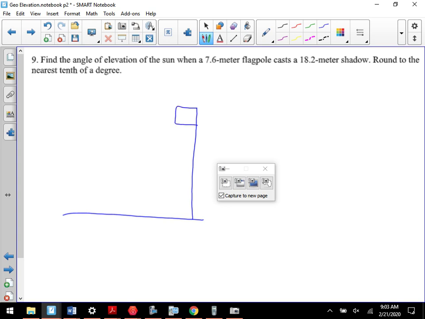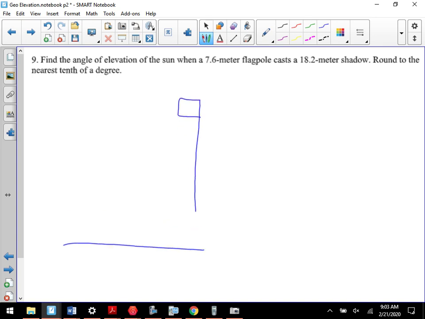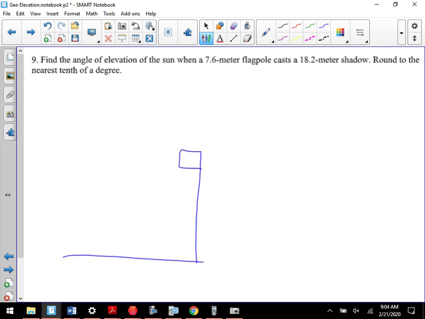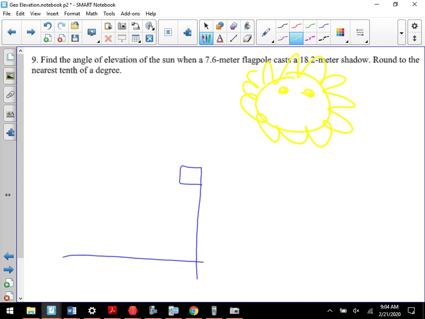We need the sun. The sun always smiling?